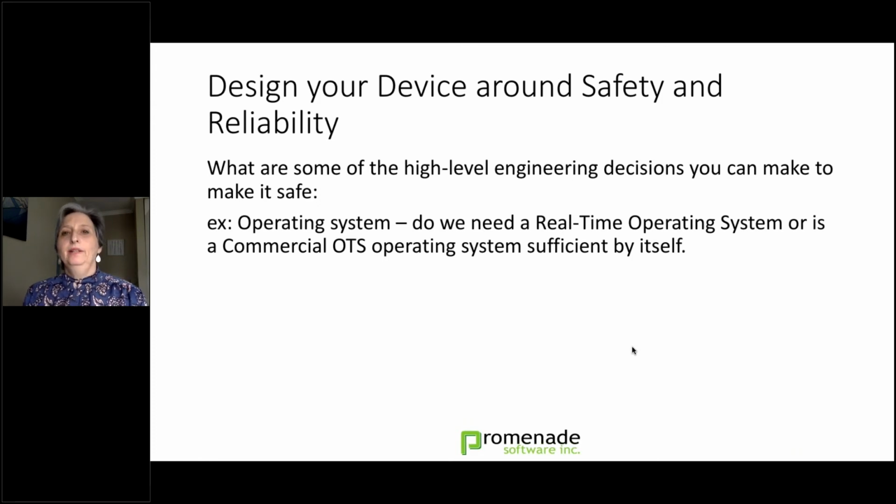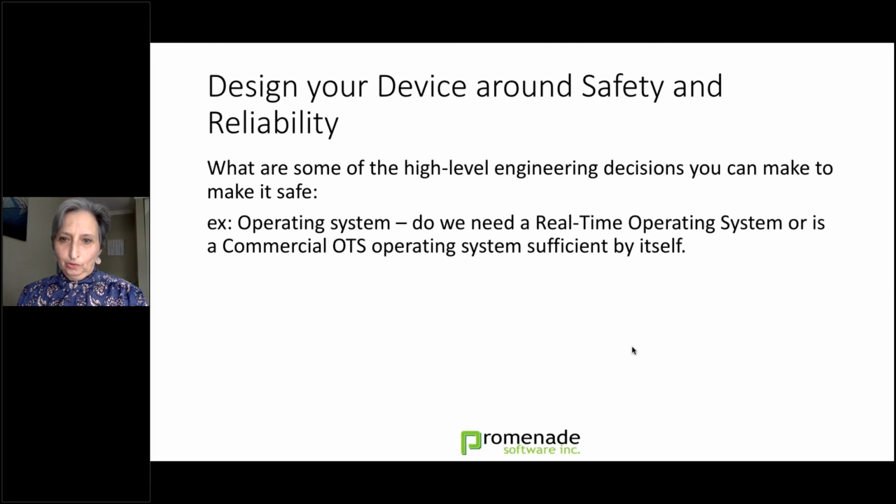Bottom line is to design your device around safety and reliability. What are some of the high-level engineering decisions you can make to make it safe, for instance? I'll give an example in software. When we're looking at controls, say of a pressure meter, we need to be in real time. We can't have the operating system go off and do something else, as a commercial operating system might, while we're tightly regulating something like pressure.